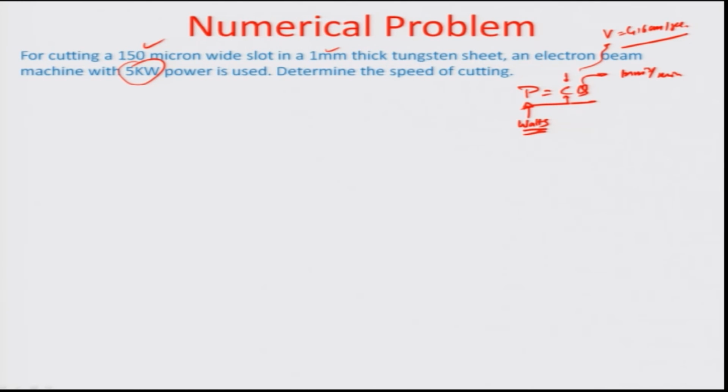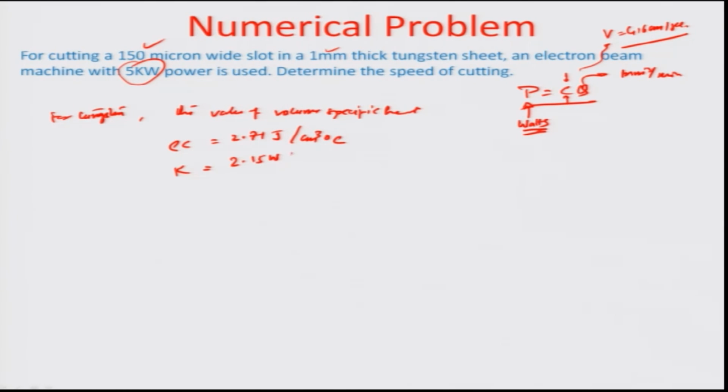Let us look at our new formulated relationship here, and for tungsten, for example, the value of volume specific heat rho c can be estimated to be 2.71 joule per centimeter cube degrees Celsius. The thermal conductivity K for the tungsten can again be estimated at 2.15 watts per centimeter degrees Celsius.